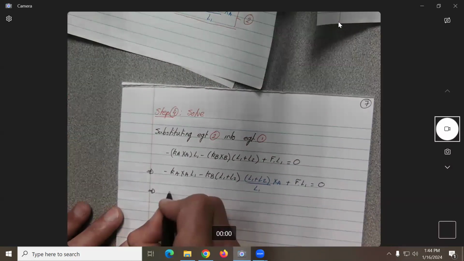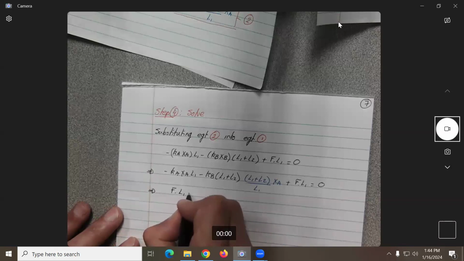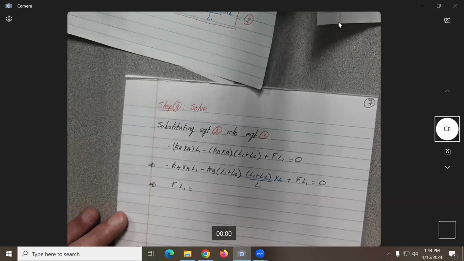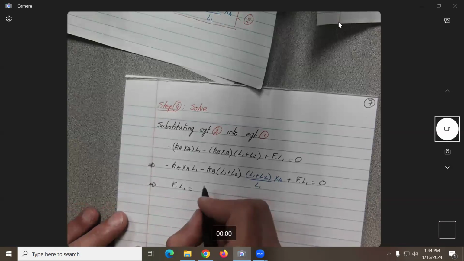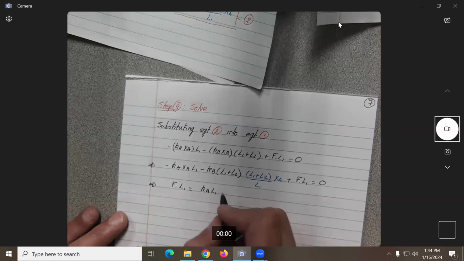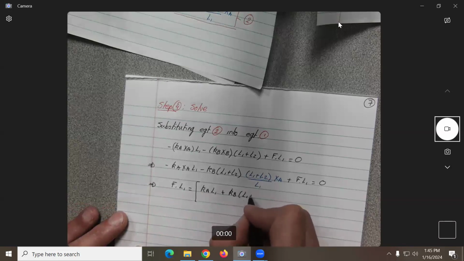So it's going to give us f L sub 1 will be equal to k sub a L sub 1 plus k sub b L1 plus L2 over L1 x sub a.